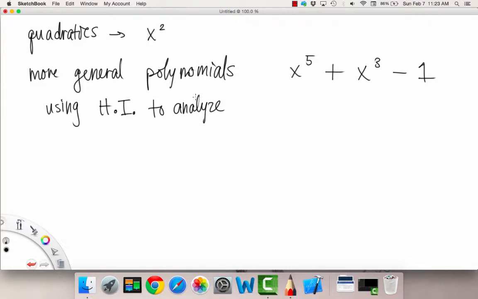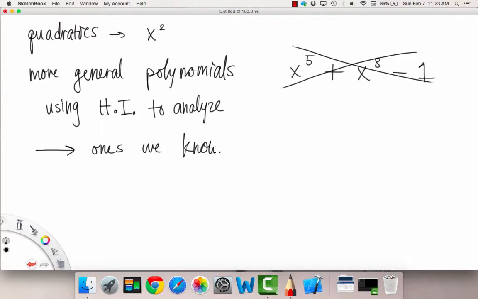But we're not just going to use any old polynomial like this one here. This one looks pretty terrible and we wouldn't know what to do with it. But what we're going to use are polynomials that we already know how to factor pretty easily. We can take something out like a common term, or we can FOIL it out, or do the opposite of foiling, so factoring.